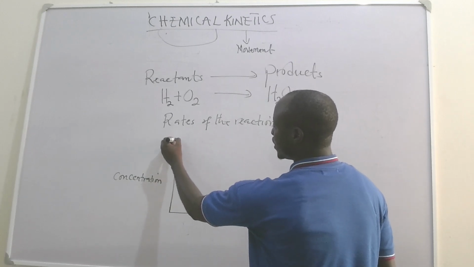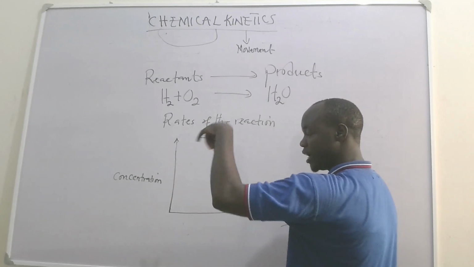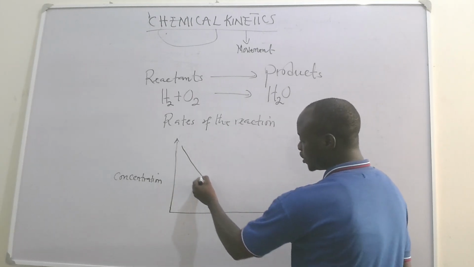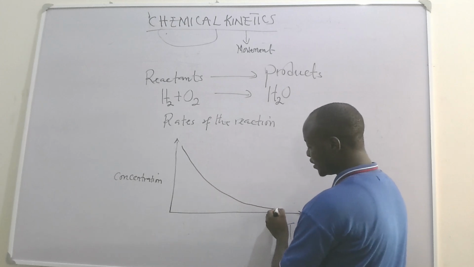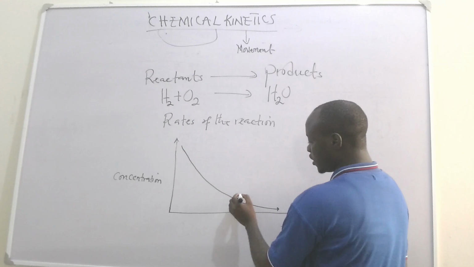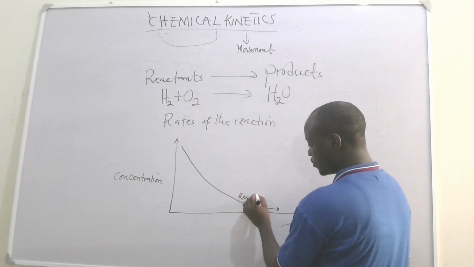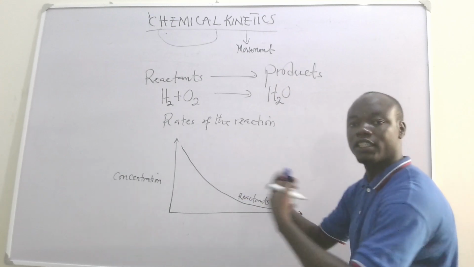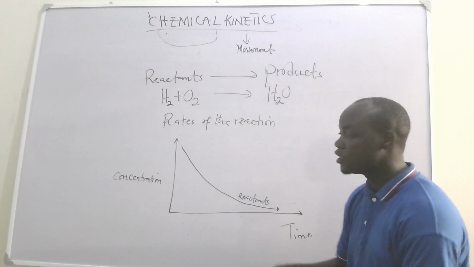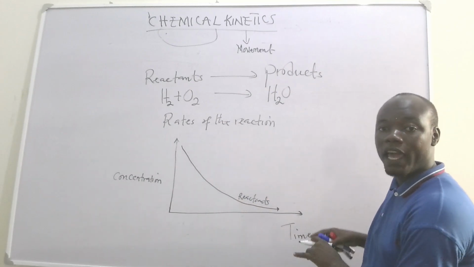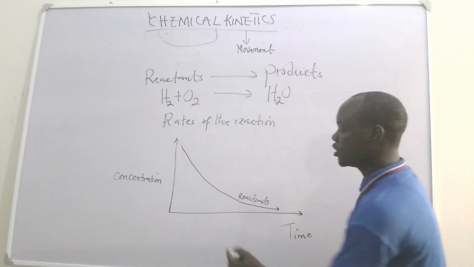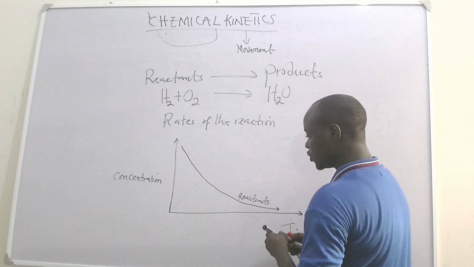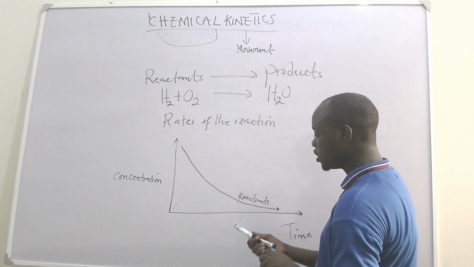So whenever there is a chemical reaction, as the reaction is progressing, the concentration of the reactant will be decreasing, while the concentration of the products will be increasing.